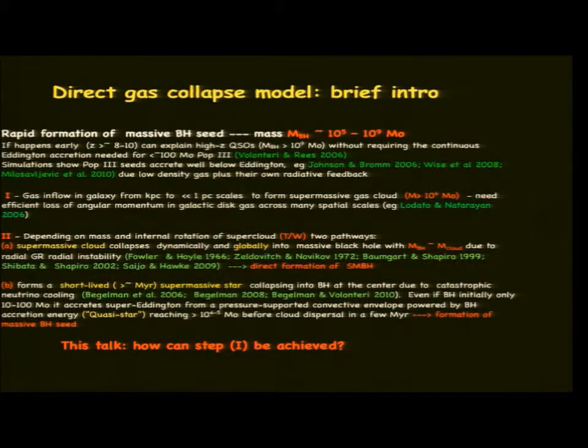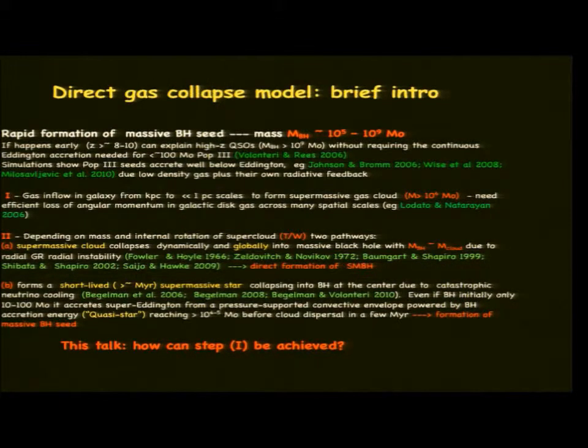The other possibility, which is more popular among the numerical GR community, is that if you're able to form a supermassive gas cloud of, say, 10 to the minus 2 parsecs containing about 10 to the 6 solar masses of gas, and this cloud has only weak rotation, it could undergo a radial post-Newtonian instability and collapse directly into a black hole without even forming a supermassive star.